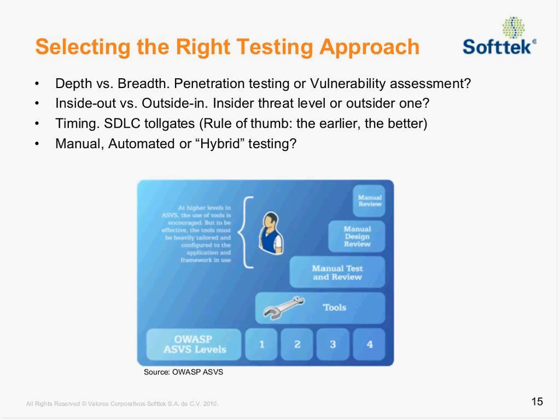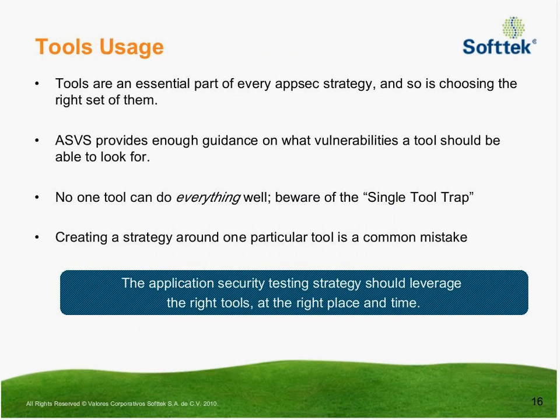If you look at this diagram, you will see that tools are an integral part of each of the different verification levels. So tools are an essential part of an application security strategy, but it is important that you do not fall into the single tool trap. What is this single tool trap? It is when you create a strategy around one particular tool and try to fit everything in your strategy to that.